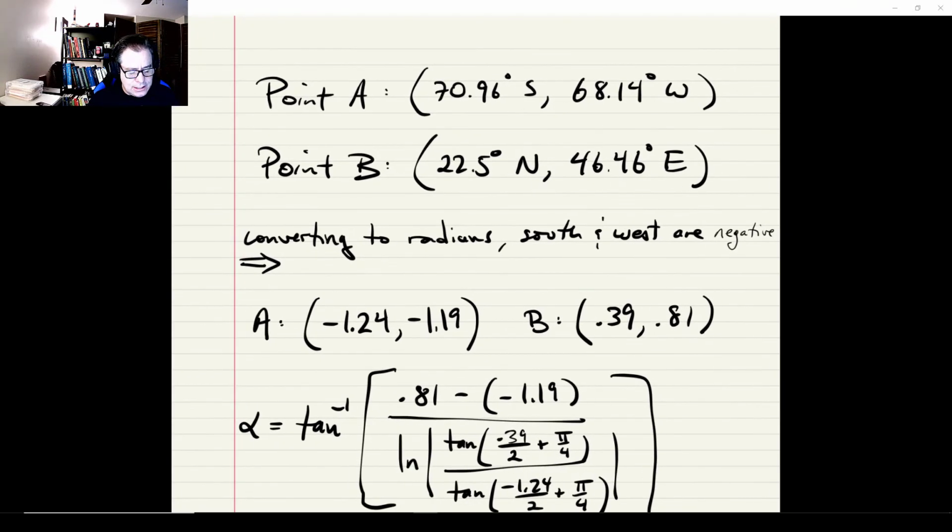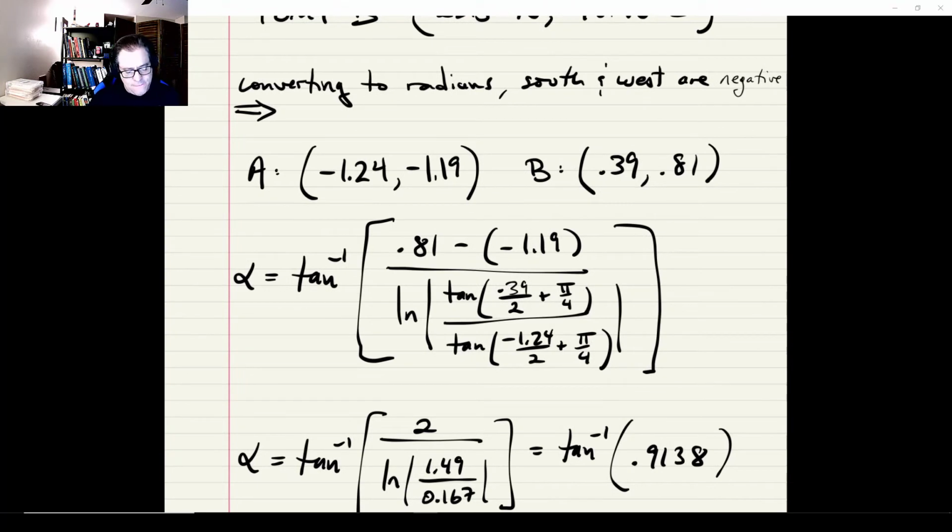We need to convert these angles into radians, and note that any latitudes that are south or any longitudes that are west will be negatives in the calculation. So here is point A converted to radians, and this is south and west, so they're both negative. This is the point B converted into radians, and then I just plug that into that formula.